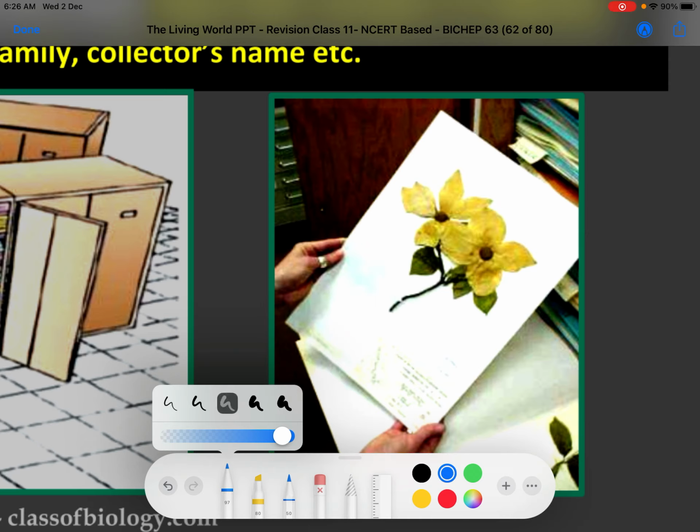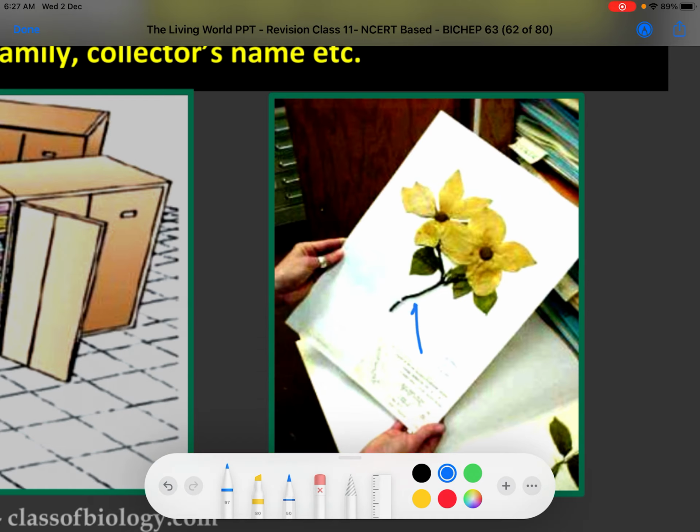For example, in this diagram, it has a very short branch, that is a twig. It also consists of the leaf.